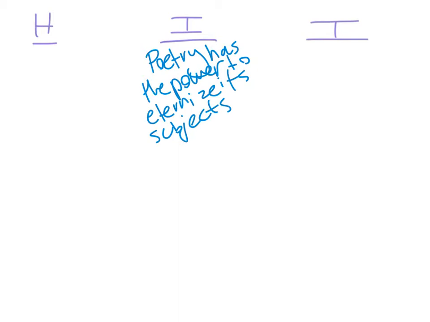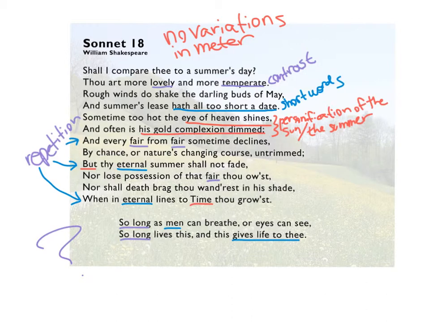Let's go back. The first way we said the poem enhances this theme is through repetition, both of the word eternal and of the phrase so long. When a phrase is repeated at the beginning of lines like this, it's a specific type of repetition called anaphora. So our first solution to the H is that the poet uses repetition of the word eternal and anaphora of the phrase so long to emphasize this timeless power of poetry.